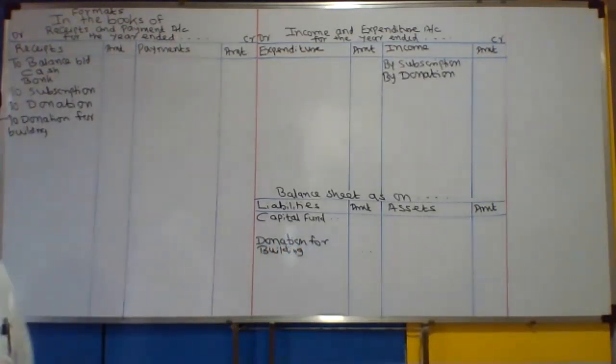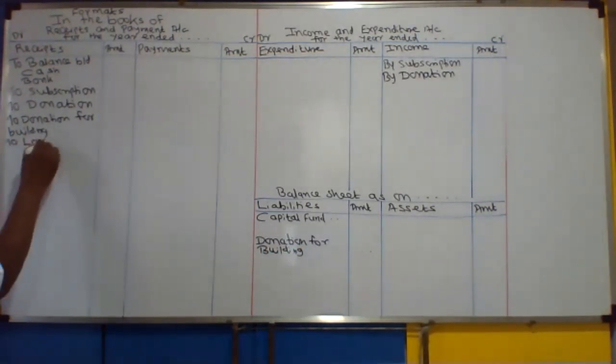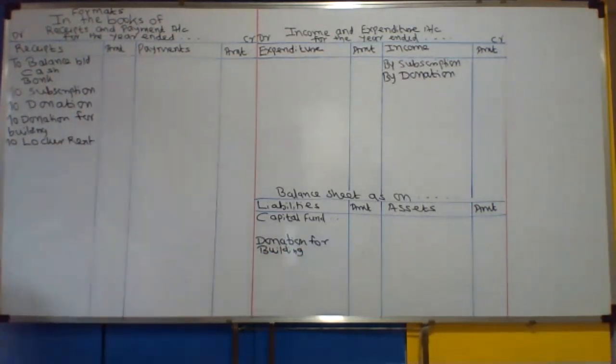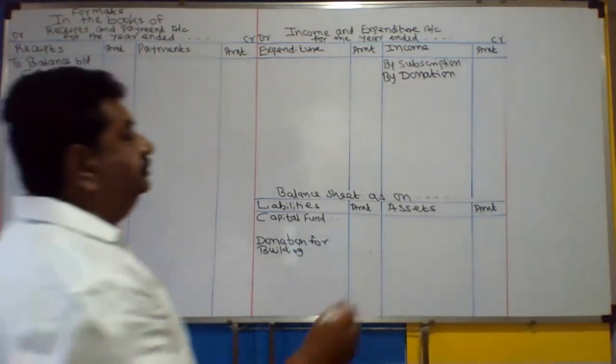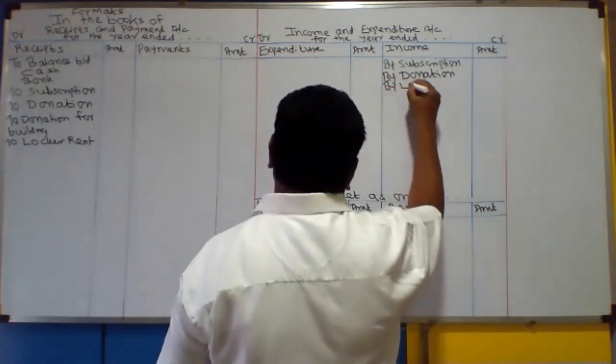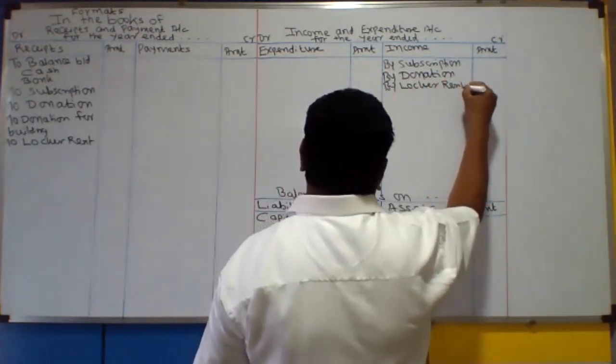Okay. Then there is a locker rent. Locker rent is an income also, will appear in income and expenditure account, that is the income side, credit side, by locker rent.